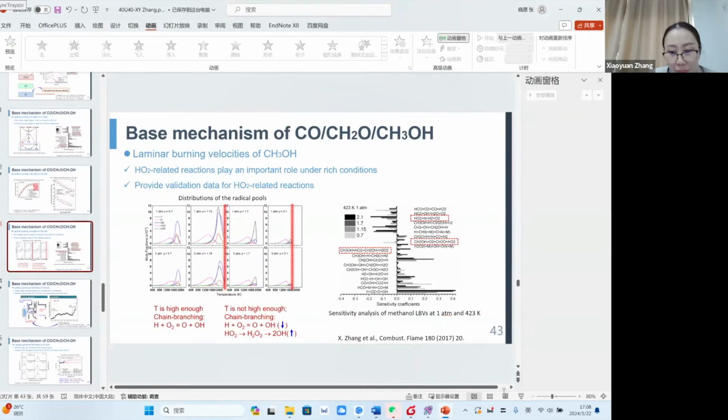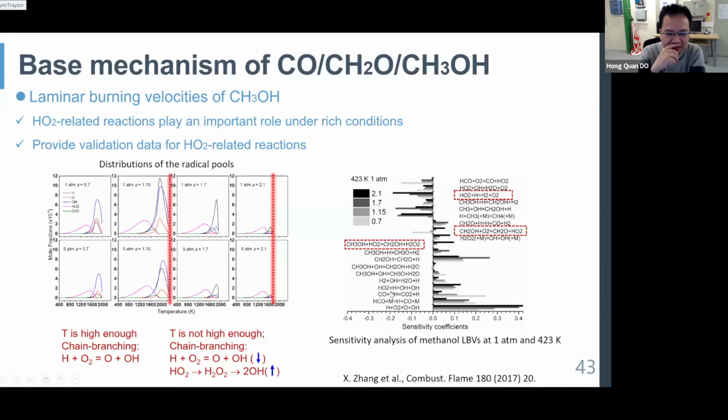So the method, I think, is very interesting. This sensitivity analysis was conducted for this temperature and pressure and various equivalence ratio conditions. We can see the black one is the result for ultra rich conditions.